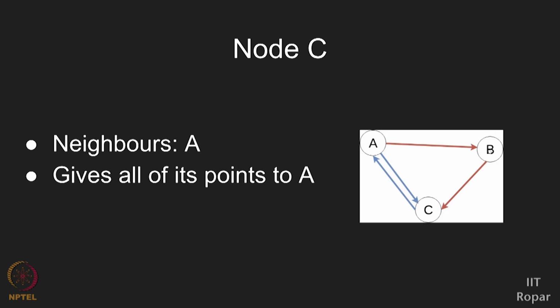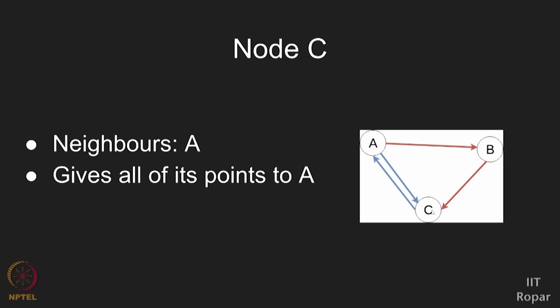One node will acquire more and one node will acquire less, but the sum of the points will be the same. We started with X points each for node A, node B, node C. The sum of all three values is 3x, and the same 3x would be maintained even after this iteration.